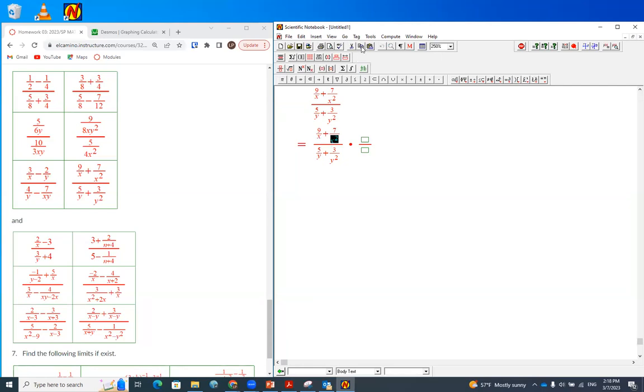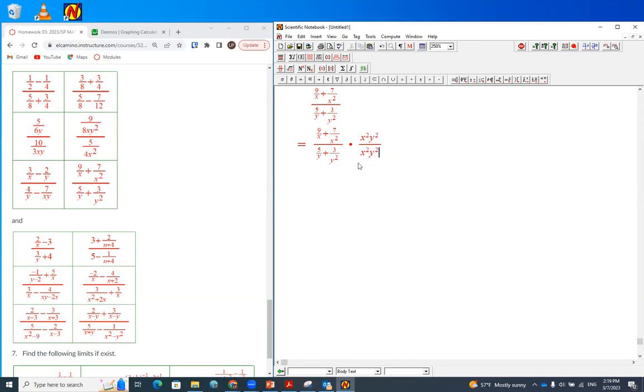So we're going to use x squared because x squared will be the common denominator for these two, and y squared will be the common denominator for the denominator. And so as a result, we're going to choose x squared y squared as our common denominator for all four fractions. So we're going to multiply x squared y squared divided by x squared y squared.